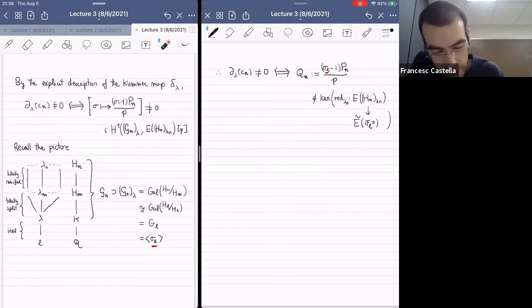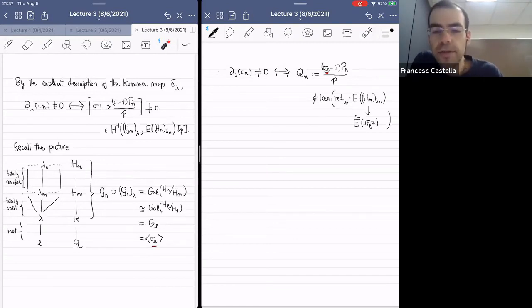To check the triviality of this cocycle, we pass to this reduction, using the fact that lambda_n lies above this prime L, which is different from P. The kernel of the reduction map is a pro-L group, different from P. So this reduction map is going to be an injection, and to check non-triviality it will suffice to check it on the special fiber. That's what we are using in this equivalence.